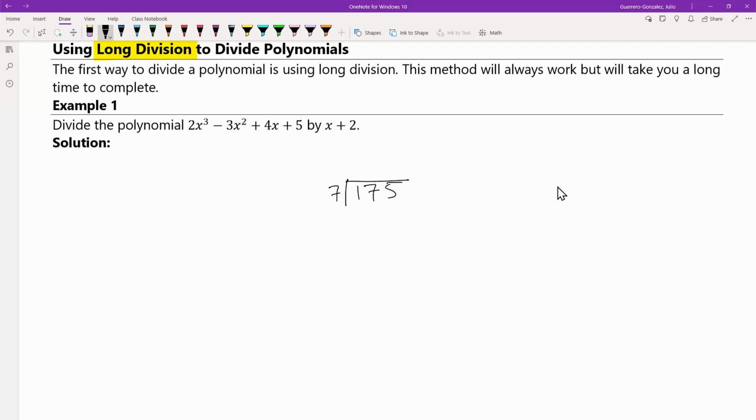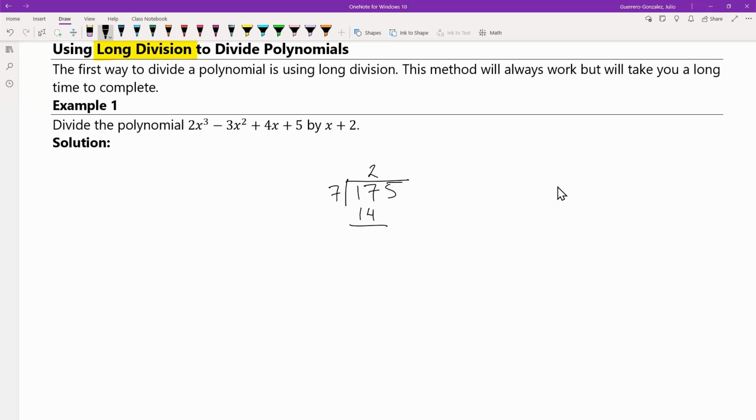It's supposed to go like this: 7 goes into 1 not enough times, so instead of doing one number, we do two numbers. 7 goes into 17 two times, because 7 times 2 is 14. That's as high as we can go without going over.